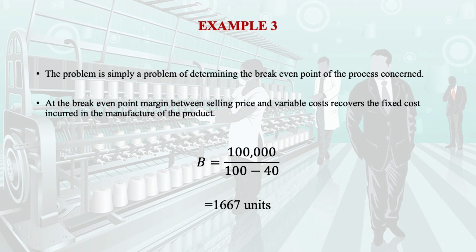If the demand is above 1667, then definitely we should go for manufacturing it. If the demand is less than 1667, it is preferable to buy the product from the company.